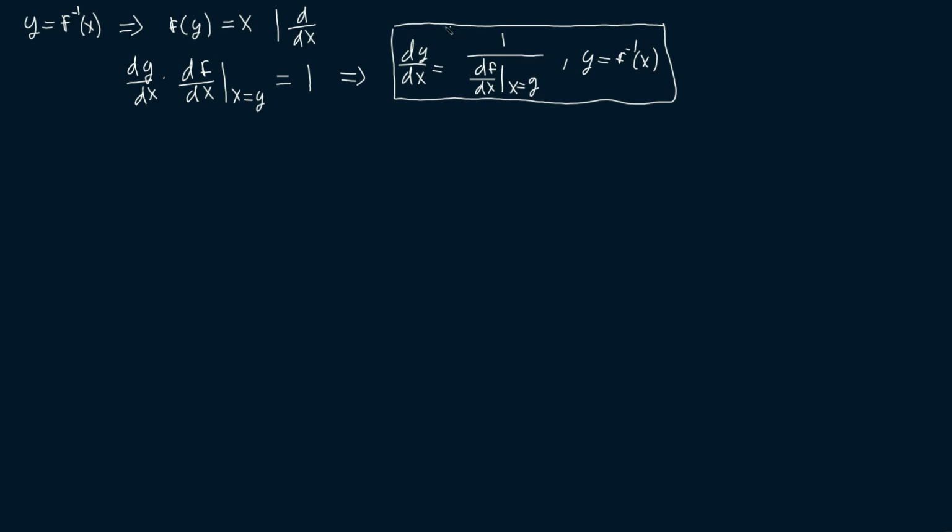Let's then apply this to our Arcus functions. We get that the derivative of arcsine of x with respect to x is equal to 1 over the derivative of sine, so cosine, evaluated at the value of the inverse function, so arcsine of x.